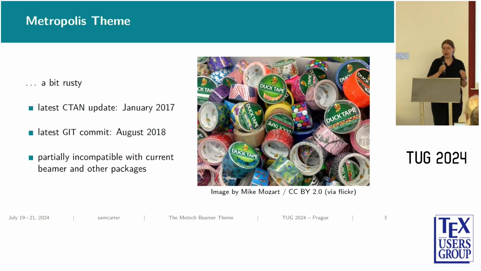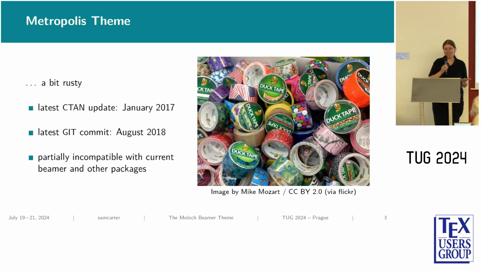If we compiled the Metropolis theme with current Beamer, it would just crash in errors. Now, you've seen a lot of slides which still use it, and this is possible because Beamer tests if you load the Metropolis theme, and if it detects the theme, Beamer will roll back to an older version of Beamer and use this old code so that Metropolis can patch the old code.